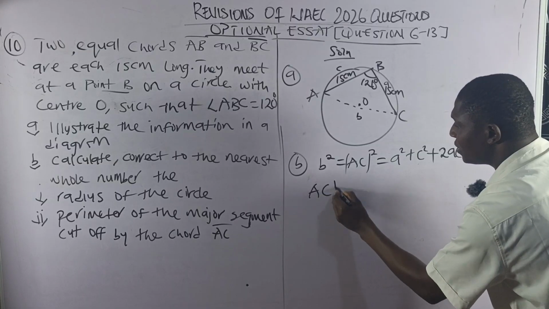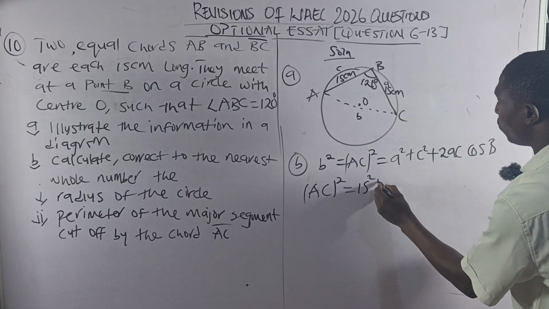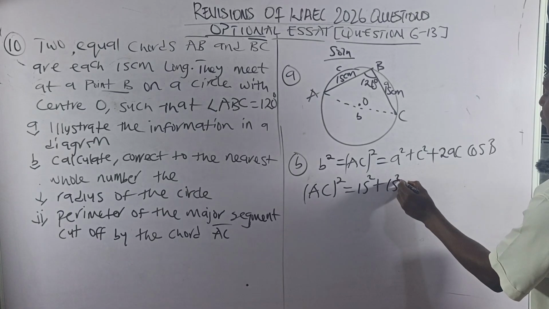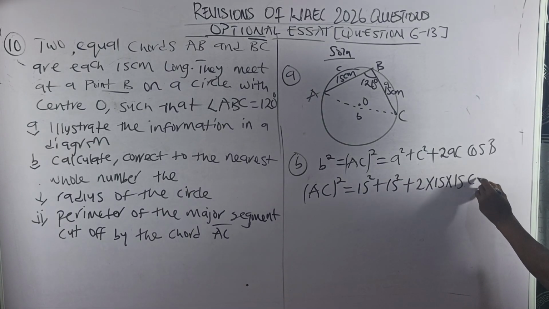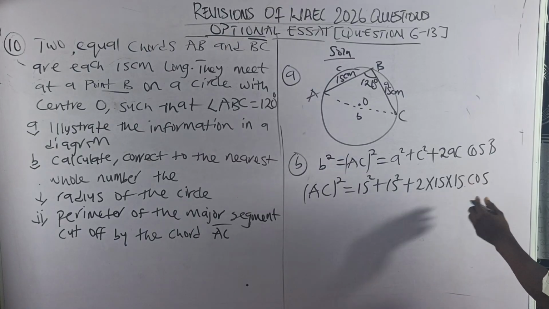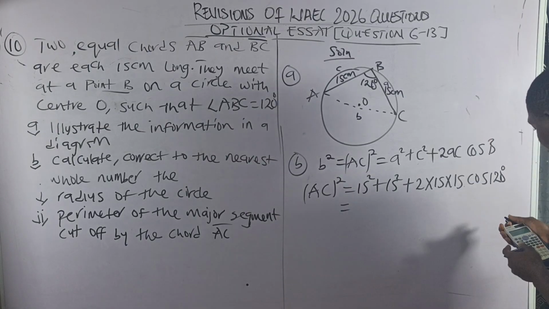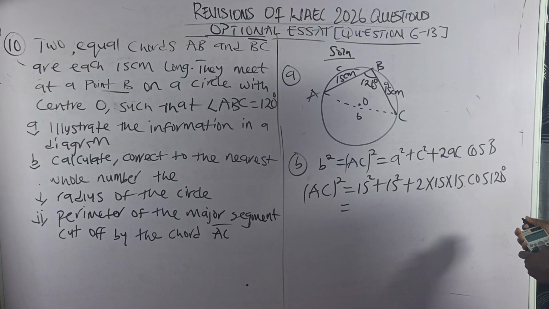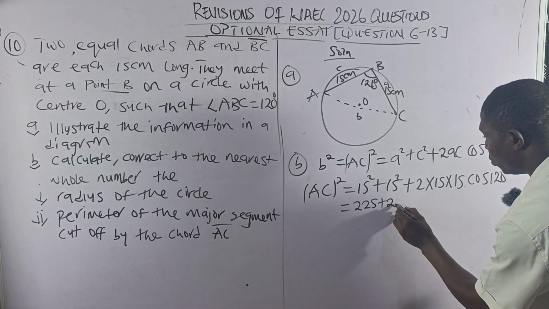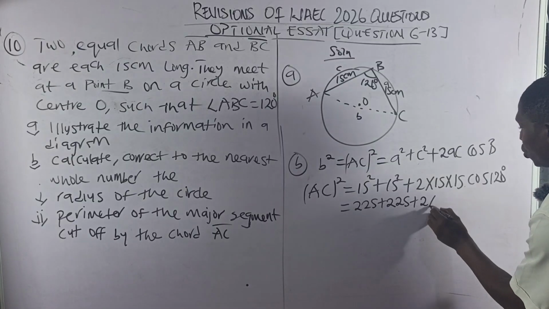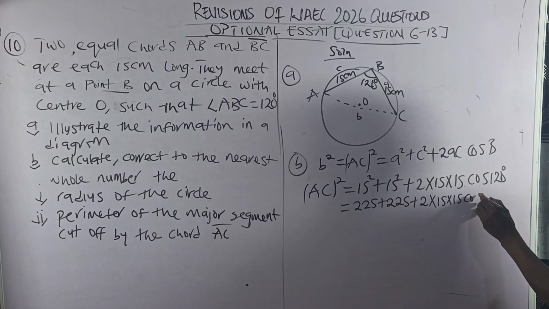So we have our AC square to be equals to, my a is 15. So I have 15 square plus c, 15 square plus 2 times 15 times 15 cos of my angle 120 degree. Now 15 square is 225. So I have 225 plus 225 plus 2 times 15 cos.